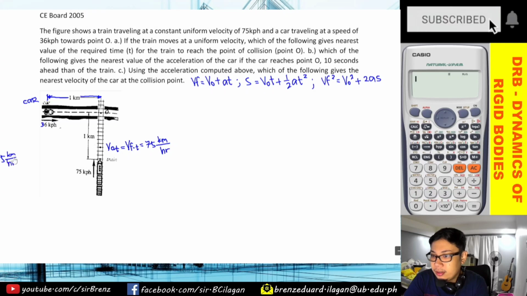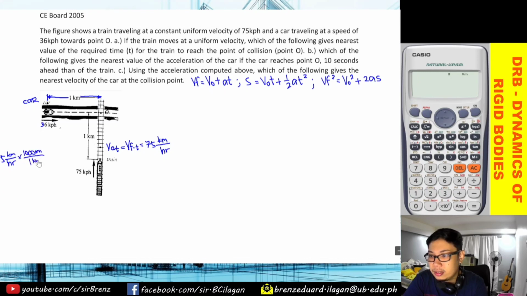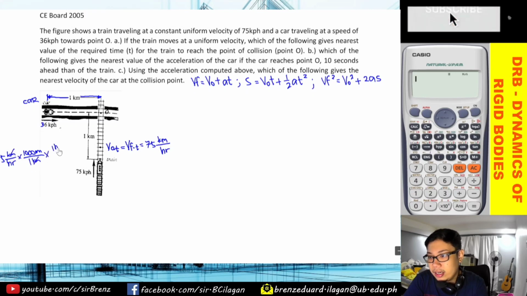So, ang gawin natin, convert muna natin yung unit sa meter per second. So, 1,000 meter is to 1 kilometer, and then 1 hour is to 3,600 seconds. Or divide mo lang siya ng 3.6. So, common divisible, 1,000.